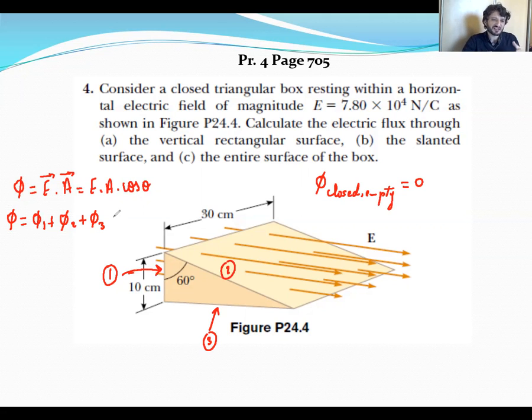The summation of these fluxes gives us the total flux through the entire object surface.